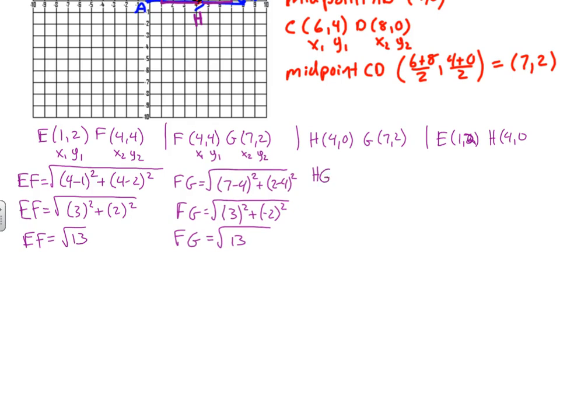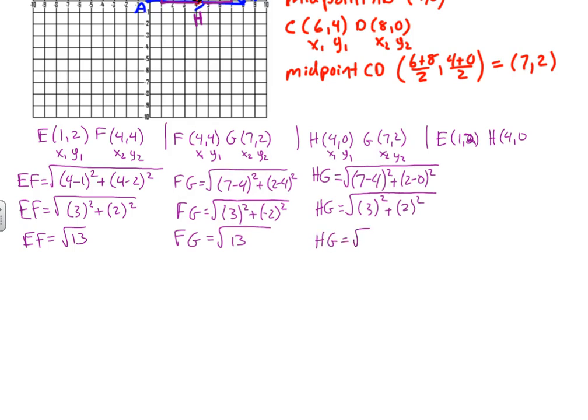Then HG would be 7 minus 4 squared plus 2 minus 0 squared, which is 3 squared plus 2 squared. So HG is the square root of 13.